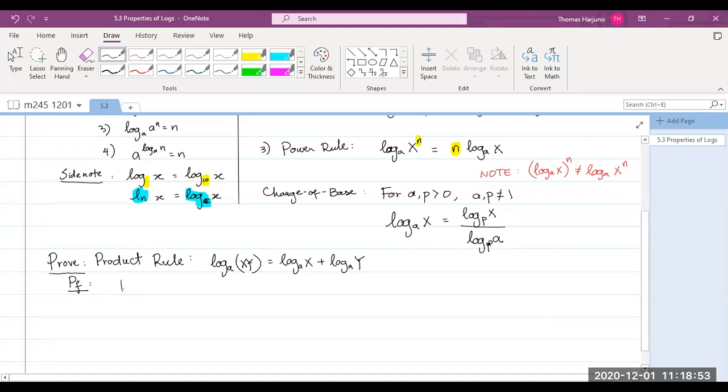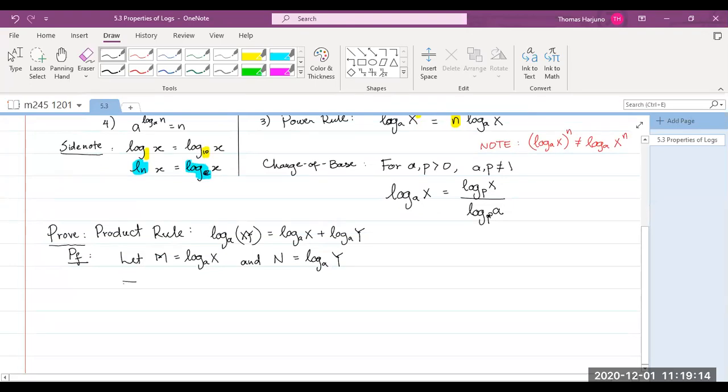I will start by letting m be log base A of x and n be log base A of y.